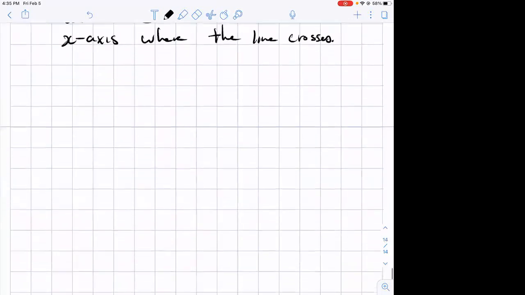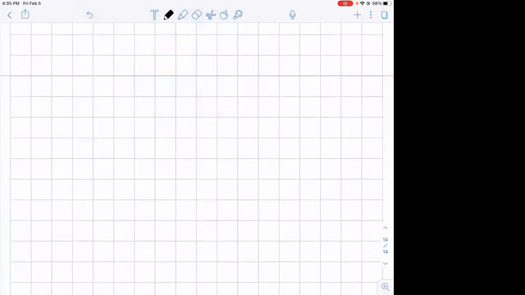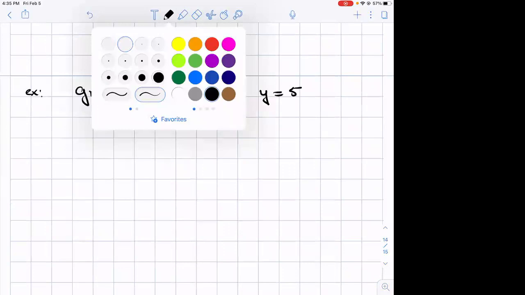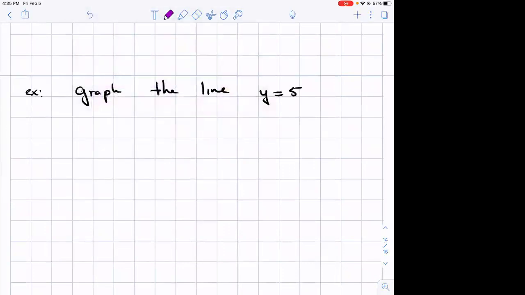Okay, so let's look at an example because we learn better by example. If I ask you to graph the line y equals 5, there is no x or y to plug in as we were doing before, nor is it written in the form y equals mx plus b. You could put it in the form y equals mx plus b if you want to, because the m is really 0.